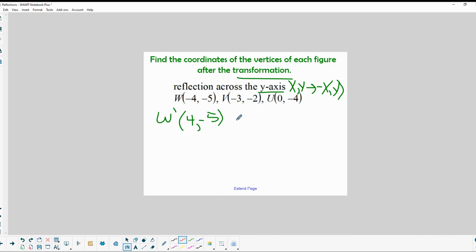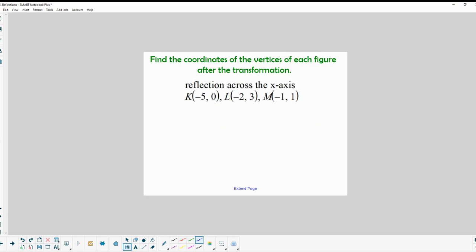So on this one, we'd have 3, negative 2, and that would be V prime. And then U prime would be, okay, the opposite of 0 is 0, so that's going to stay the same. So 0 and negative 4, so they actually have a common point that doesn't switch. So there's what we would look for after that transformation.